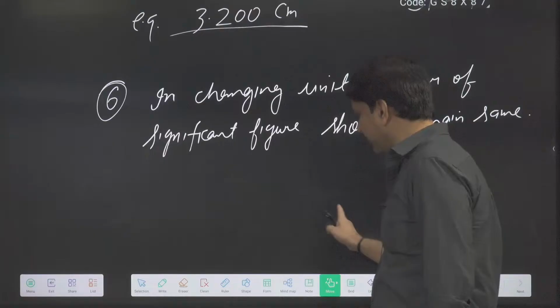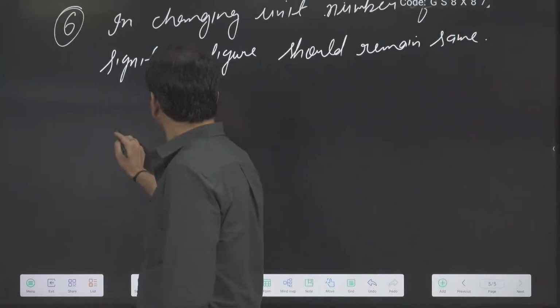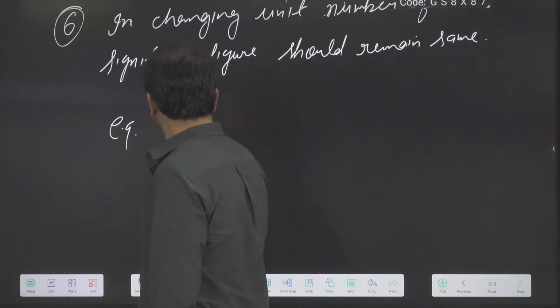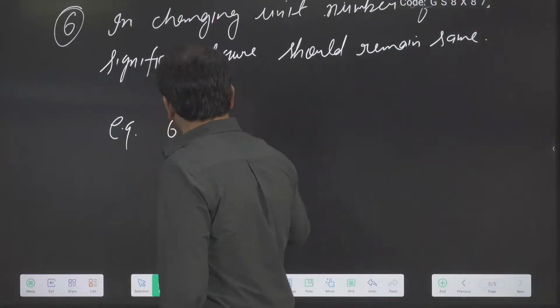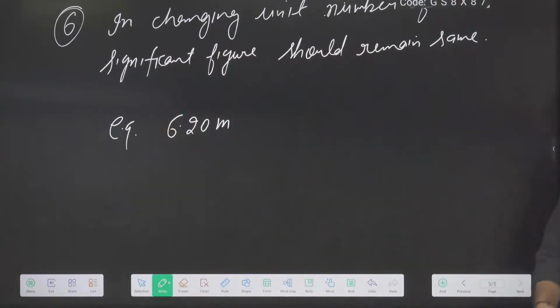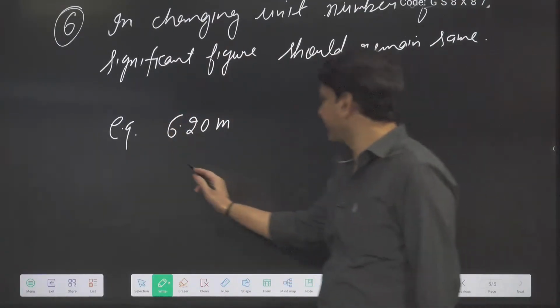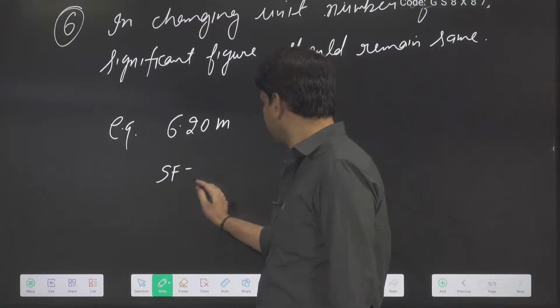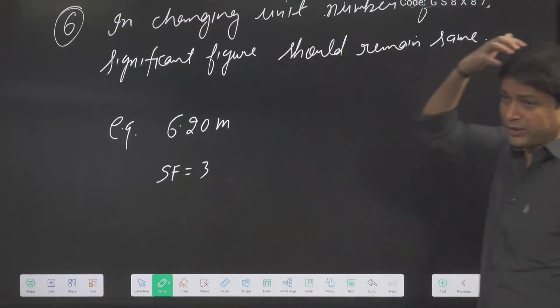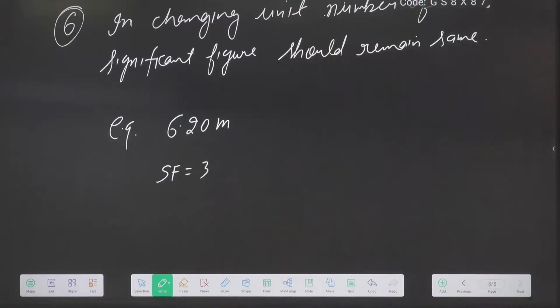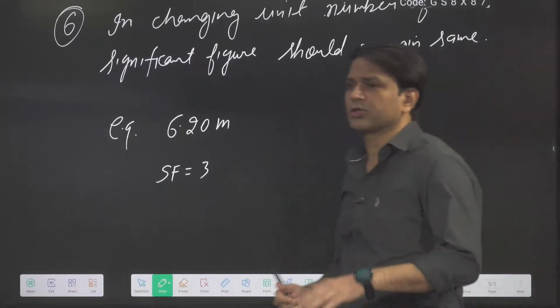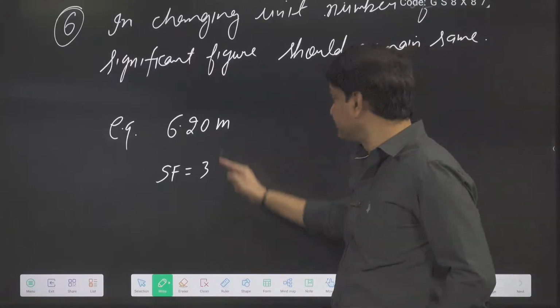Like one example I am giving. Suppose I am saying 6.20 meter. How many significant figures are there? 3. I want to convert into millimeter. First listen, then you can write.